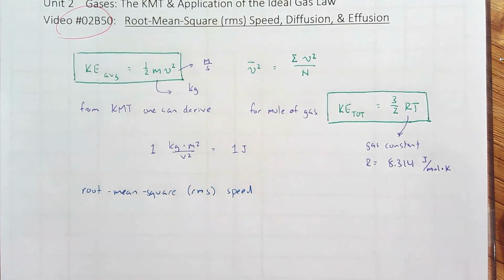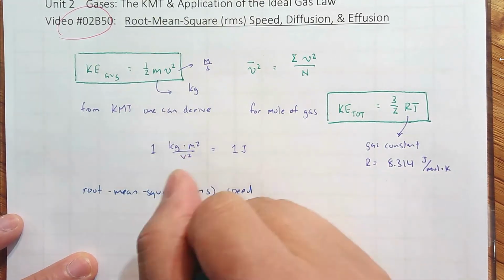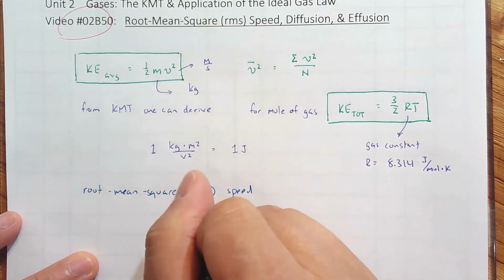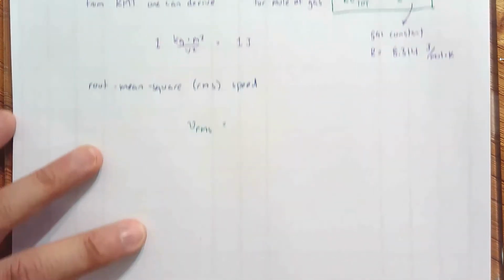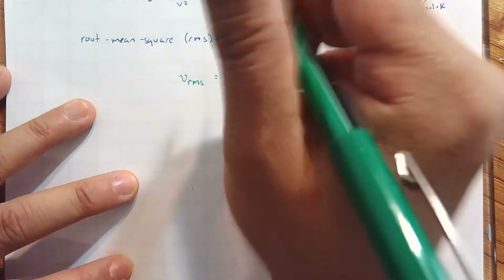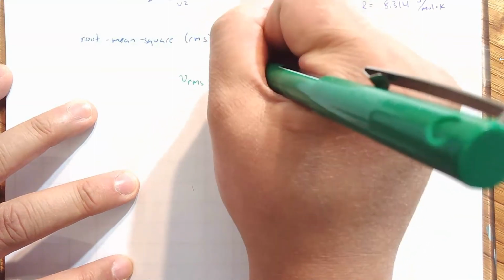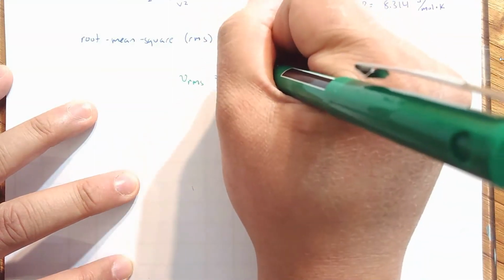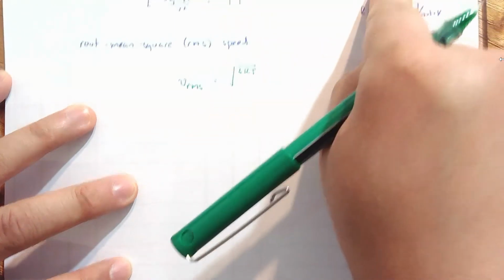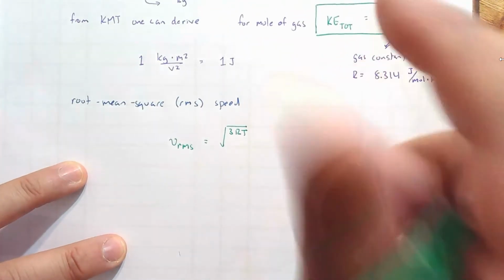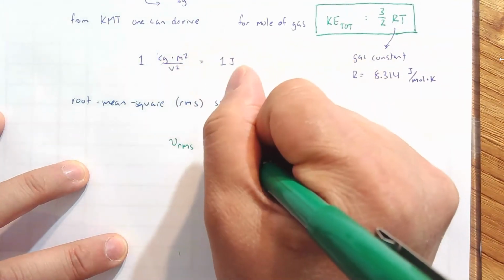The equation is, again, we have this velocity, designated v RMS, equals the square root of 3RT divided by the molar mass.